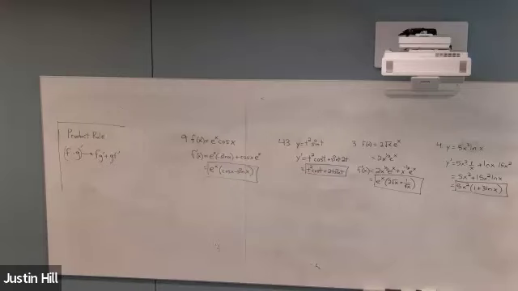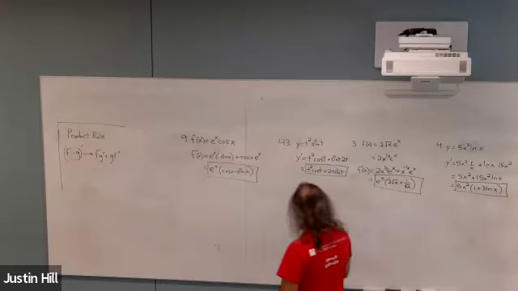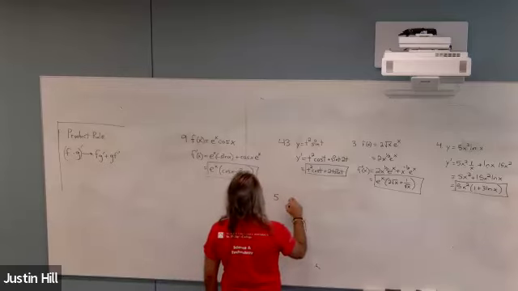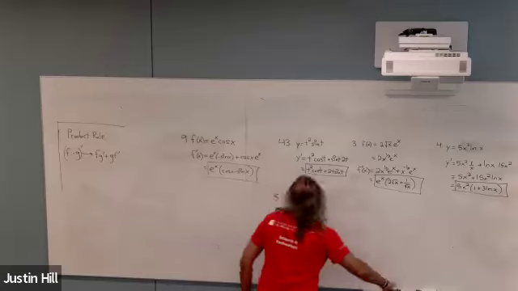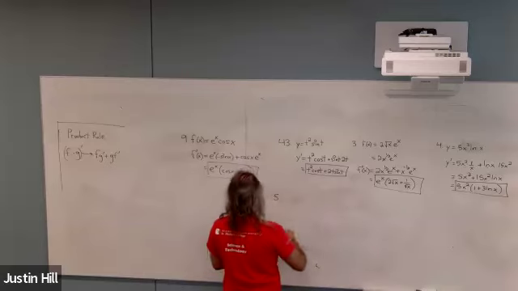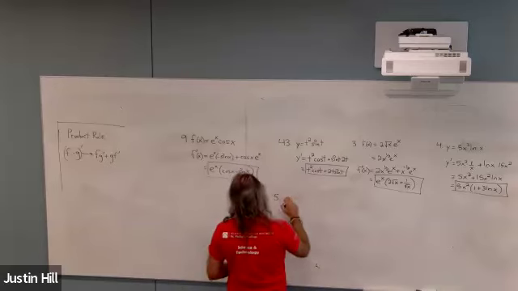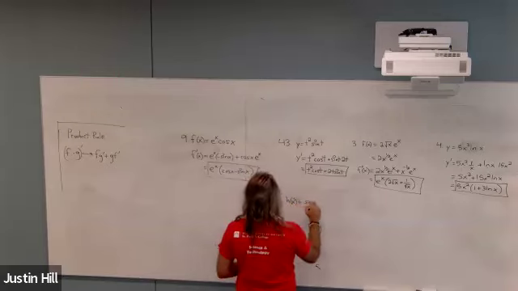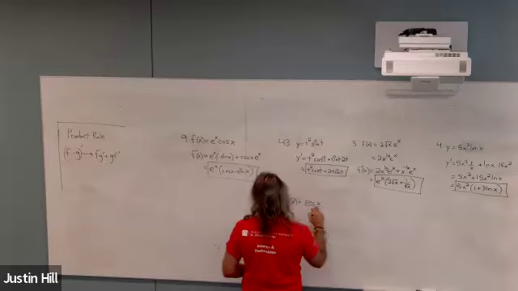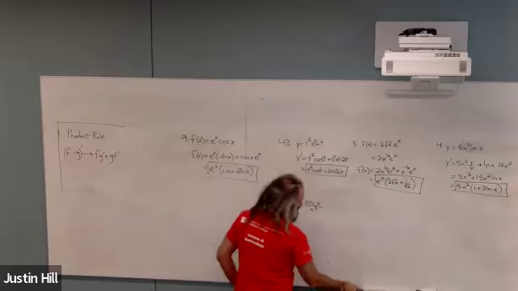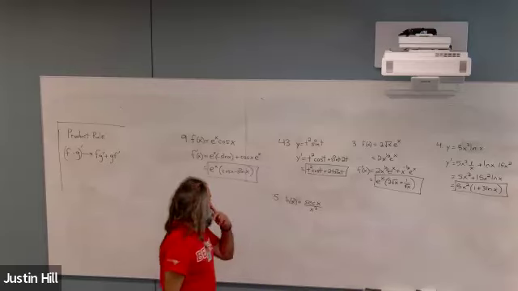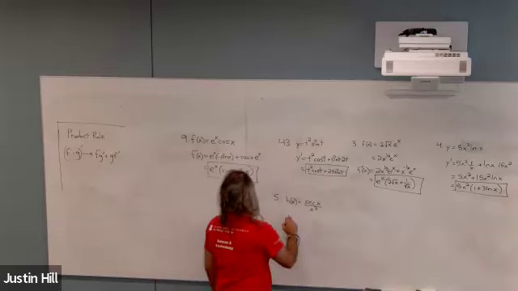Something like, let's alter one of their problems. So here, h is secant x over x cubed, and they want you to take the derivative of this.